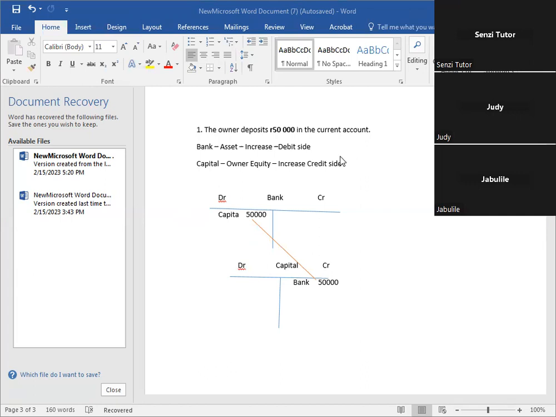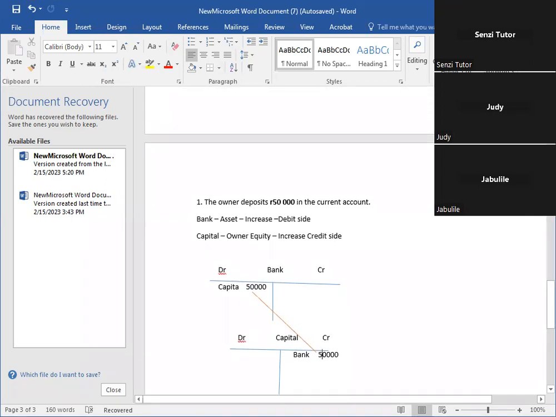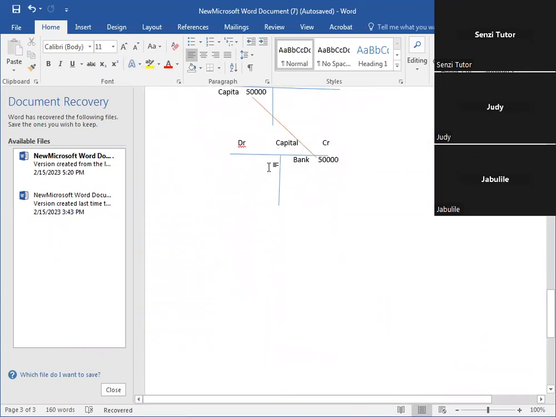Right, thank you so much. I think we understand this double entry principle, and we also understand how to record these transactions in different accounts.